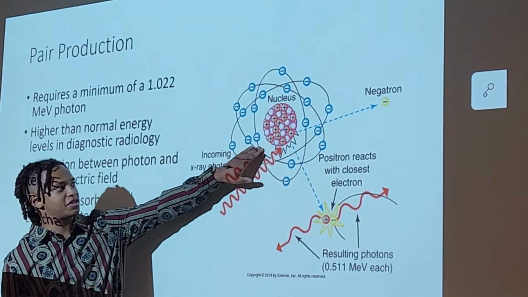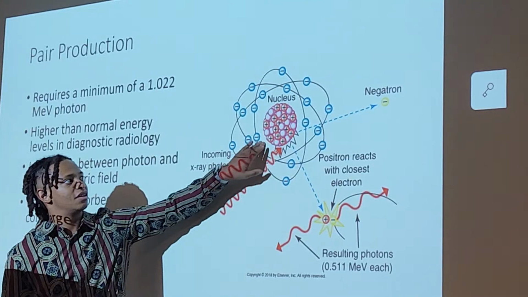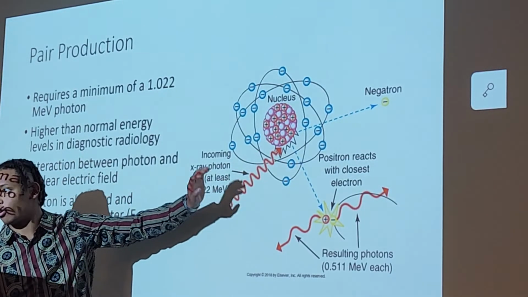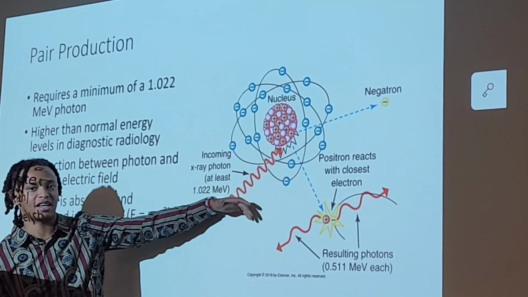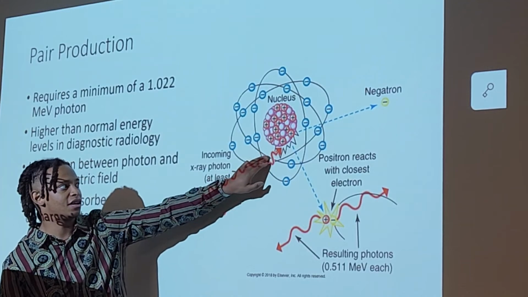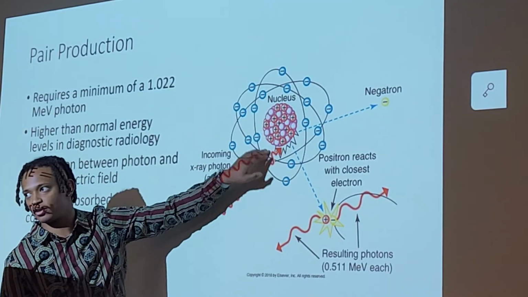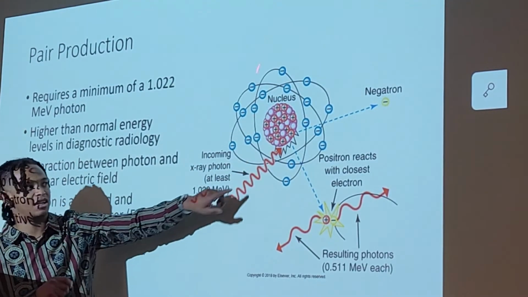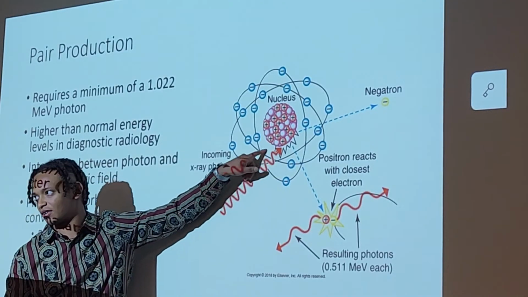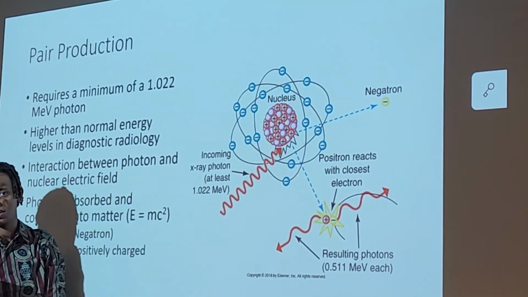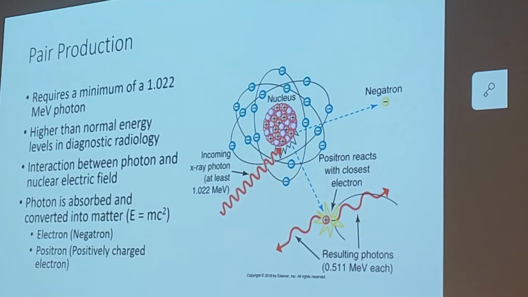You see this little space right here? It's passing by the nucleus. It's not hitting an orbital, it's not hitting an electron, it's not hitting the nucleus. It's hitting the space right around the nucleus. Everybody get what I'm saying? That's what it's hitting, okay? It's the space between the nucleus and the orbit. Yeah, exactly. Perfect. And so when it creates that, it creates this pair production.